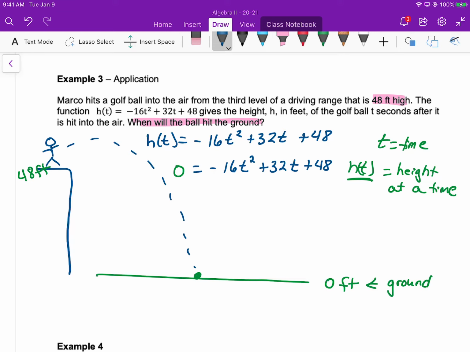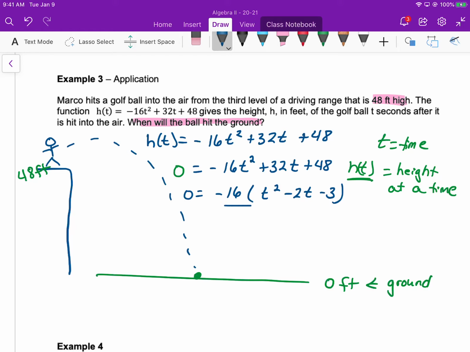So let's factor. I'm noticing I have a greatest common factor, and I remember I always need to take the greatest common factor first. So I'm going to factor out a negative 16. And 0 equals negative 16 times t squared minus 2t minus 3. So then what do I do with that negative 16?